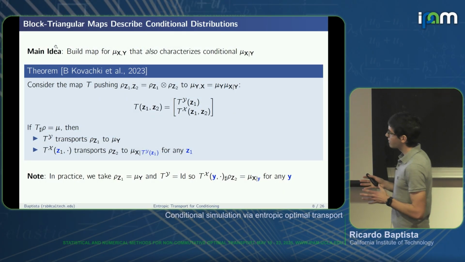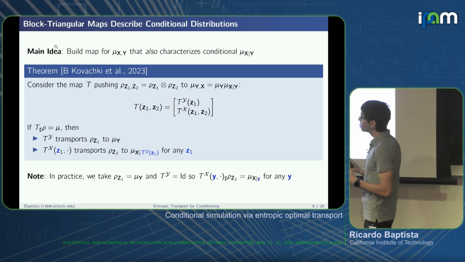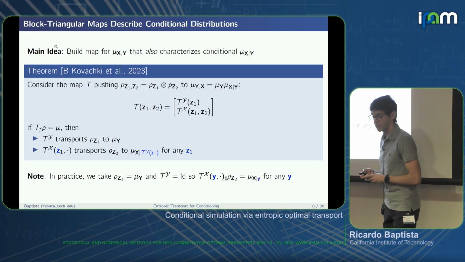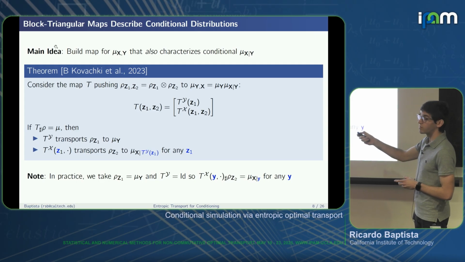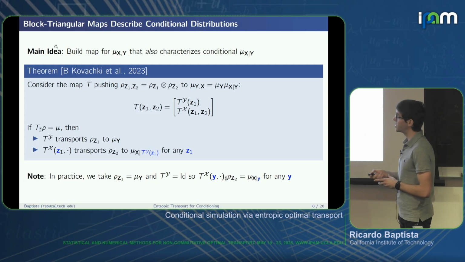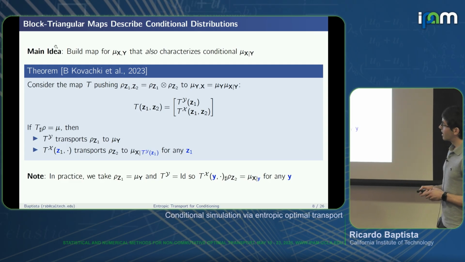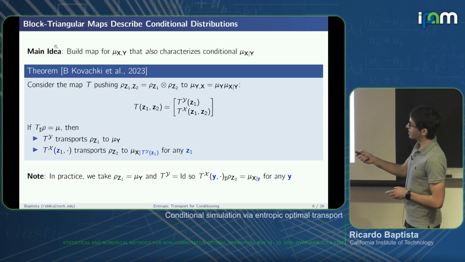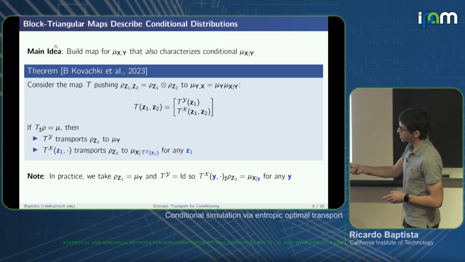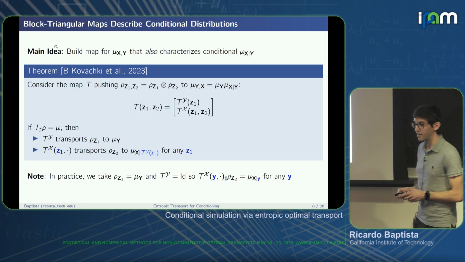In particular, because we have the freedom of choosing the reference measure, we can take the first marginal rho of Z1 to be the marginal of the observations. And so the map Ty that transports mu y to mu y, we can just take to be the identity.